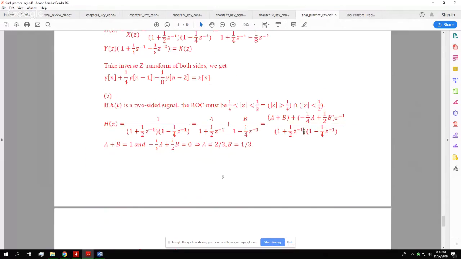Oh, here it is. This expression here. So our pole, when we calculated it algebraically, had to be a negative half, because a positive half, well, 1 plus positive half times positive half does not equal 0. So it has to be a negative half, and that's where that negative came from.